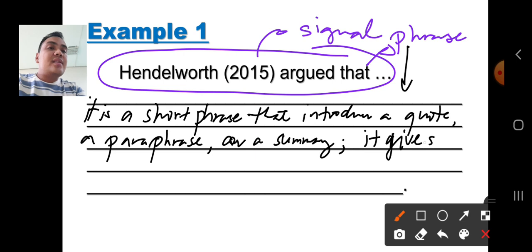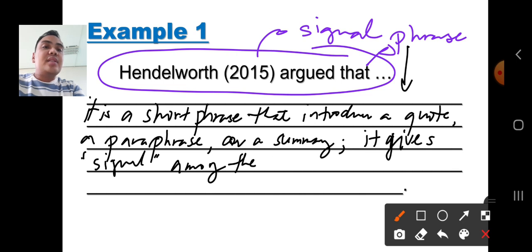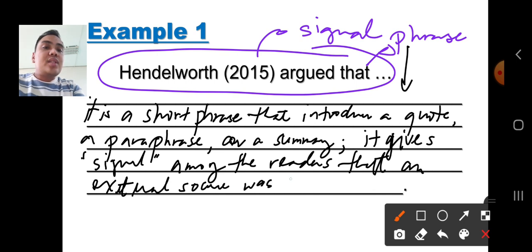It gives signal among the readers that an external source was used in writing a research paper.